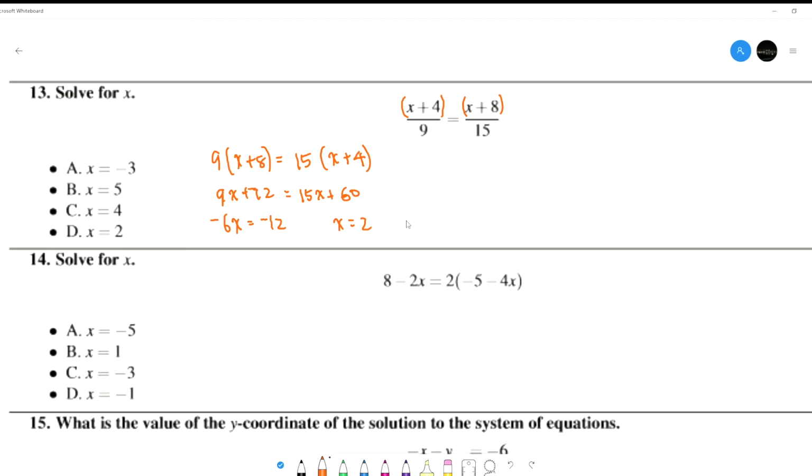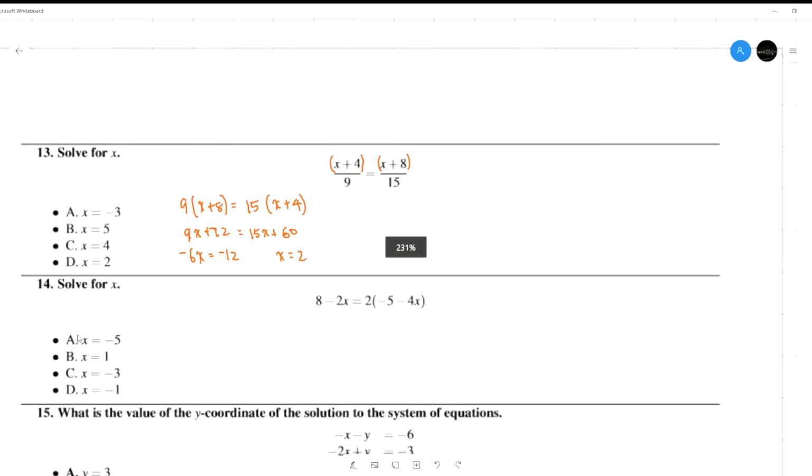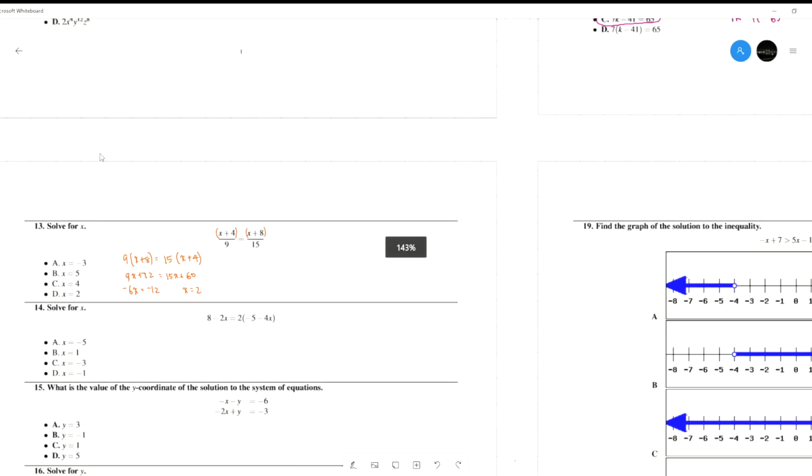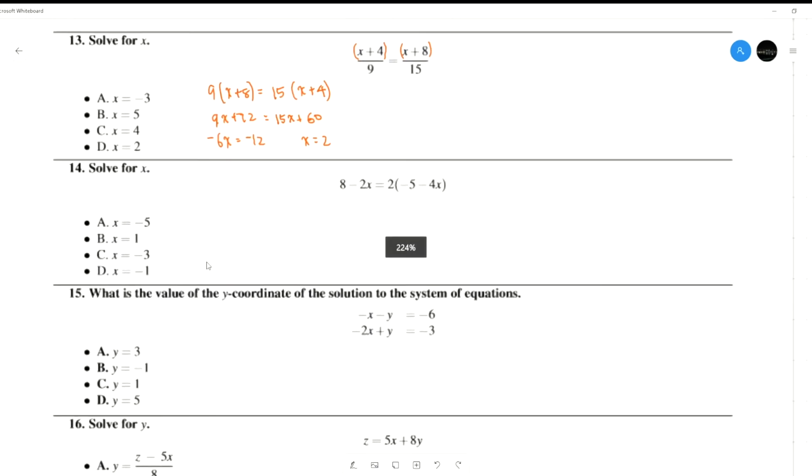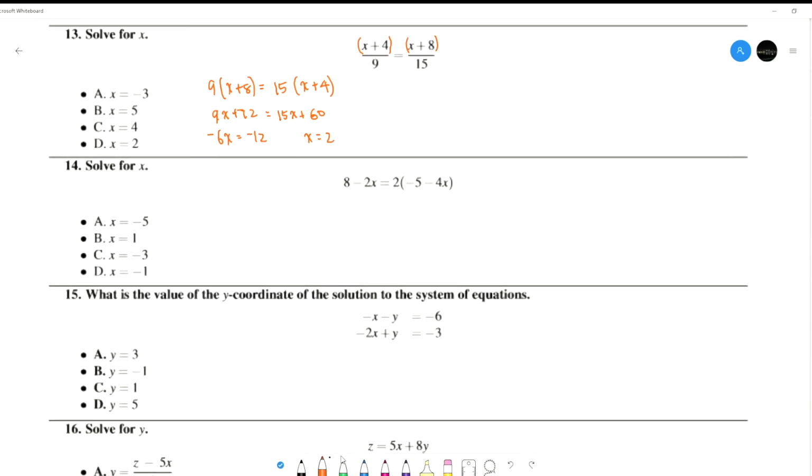I think it was called number solver. Do you remember that on the calculator? Give it a shot so that you know how to do it, but also make sure you know how to do it by hand.